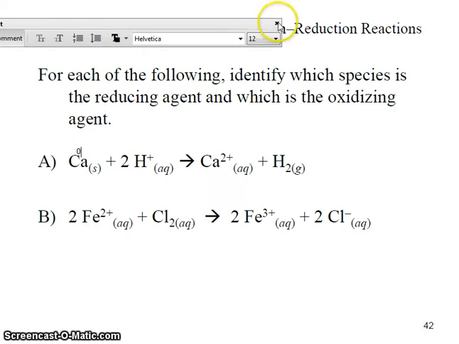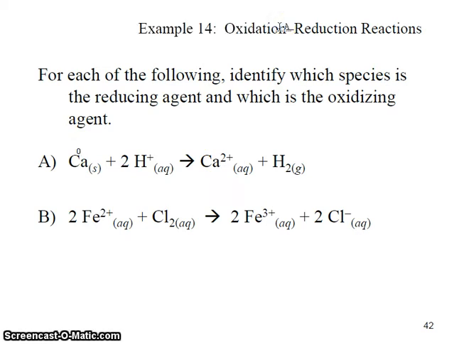That's an increase in oxidation number, and that would have occurred by the loss of electrons. That means calcium to Ca2+ is going to be oxidation. You have H+, it became H2. That means you're going from +1 to 0. That's a decrease in oxidation number, and that would mean that H+ is going through reduction.